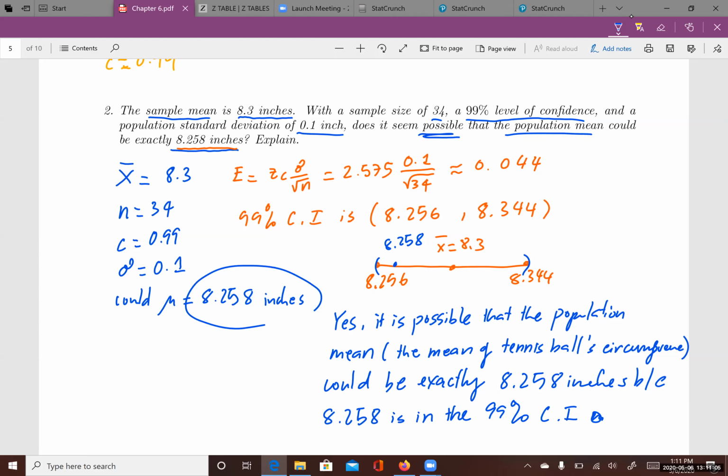All right, so you found the confidence interval. And since the confidence interval does contain the value that you are trying to estimate, you're wondering whether or not the population mean could be exactly that value, then you can conclude that yes, it's possible that the population mean could be exactly 8.258.